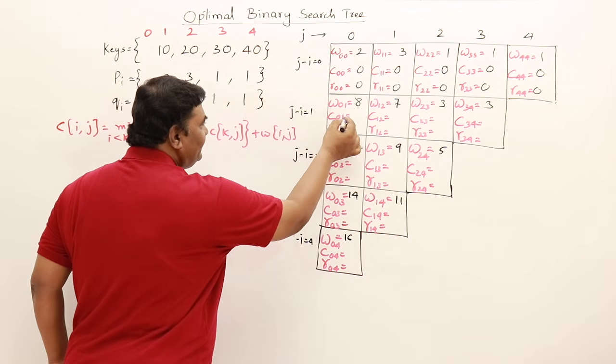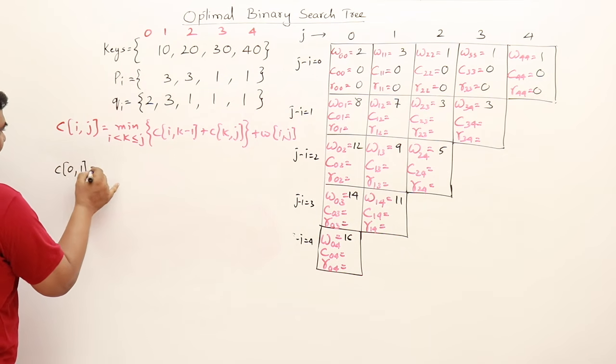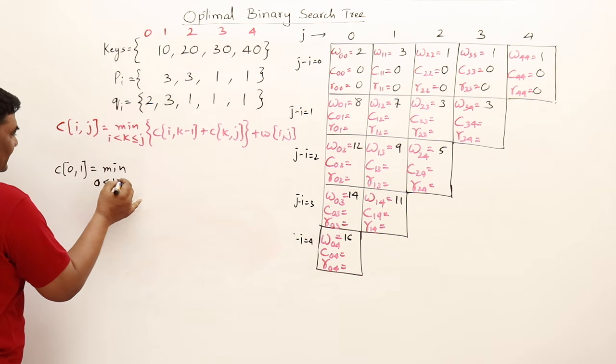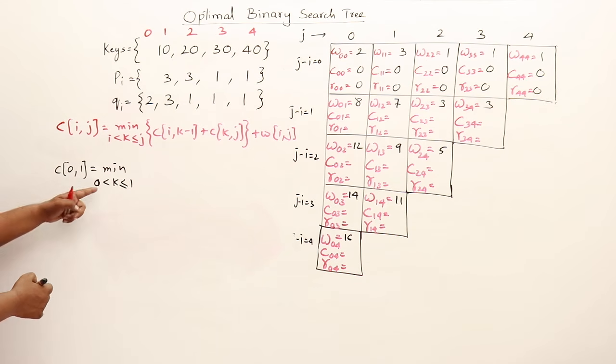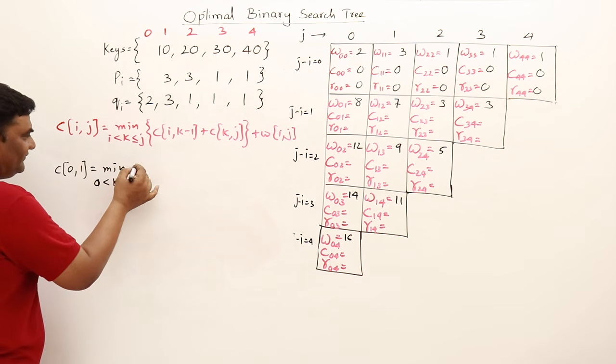Let us start with C of 0 comma 1. So C of 0 comma 1 is the minimum over k taking values greater than 0 and less than or equal to 1. What are the possible values of k? Greater than 0 means 1, 1 to 1, so only one value it can take.